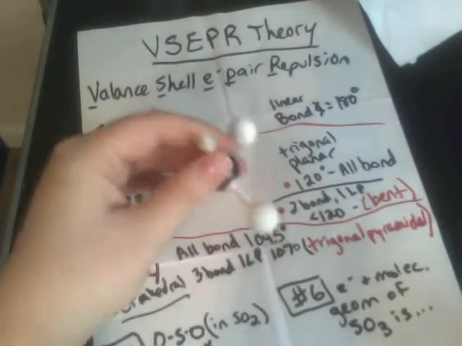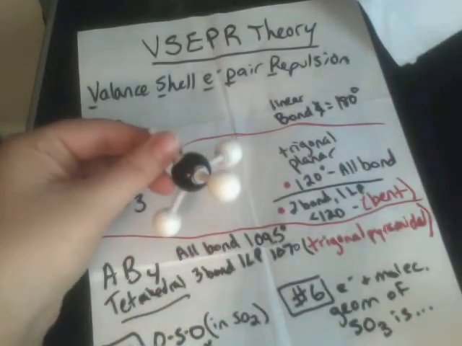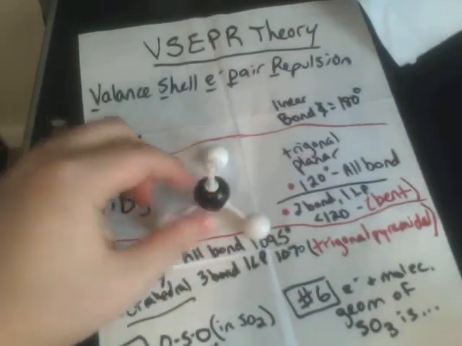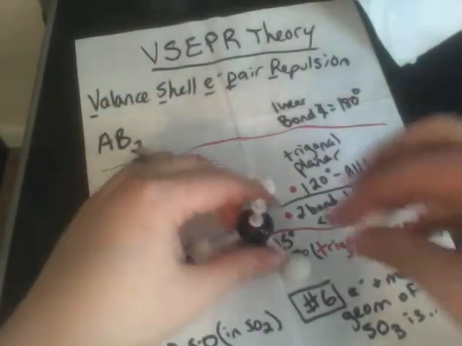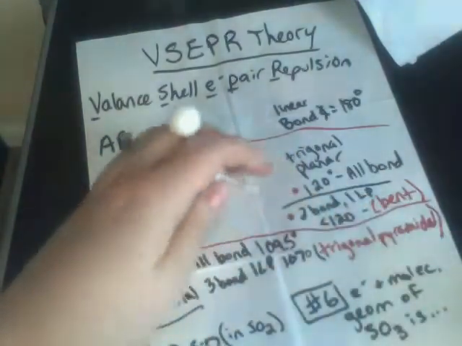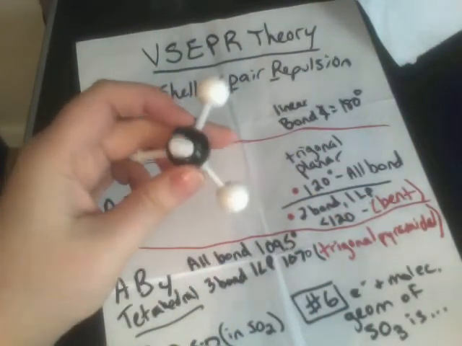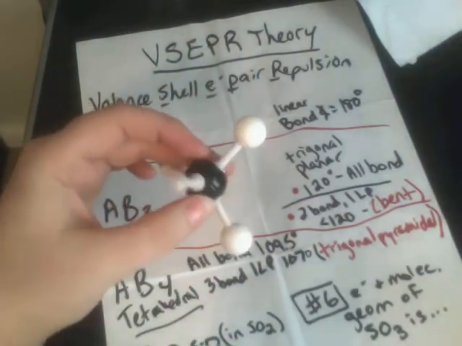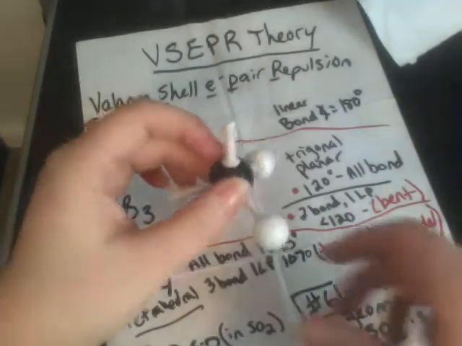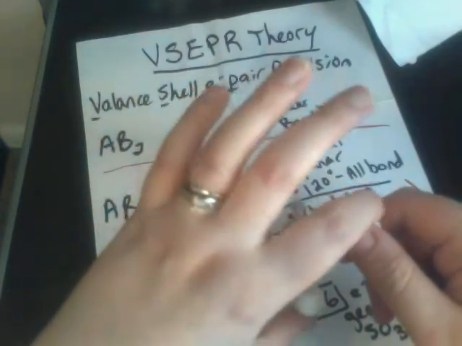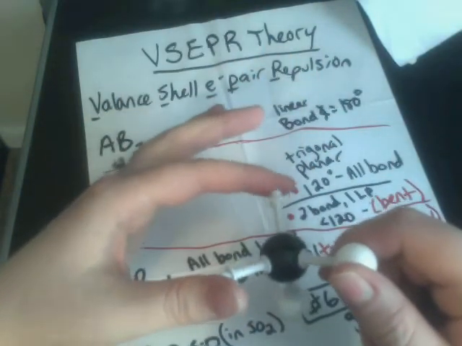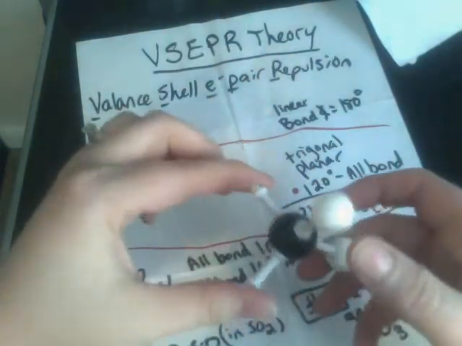So now we come and we say, okay, we have a trigonal planar. It has a tetrahedral electron geometry. And if I take another one away, now what would you call that shape, right? I'd call it bent. Now, we not only have 1 lone pair that is repelling the bonds, we now have 2. So it's sort of like they gang up and repel each other.